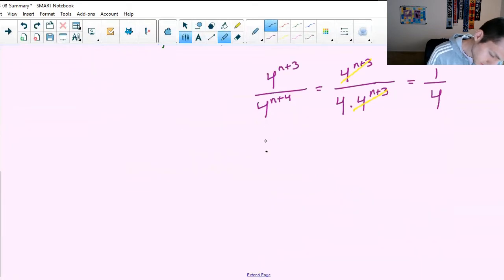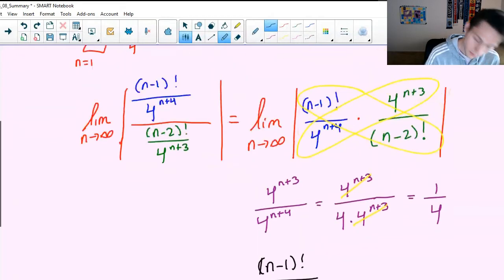So n minus 1 factorial over n minus 2 factorial, right?